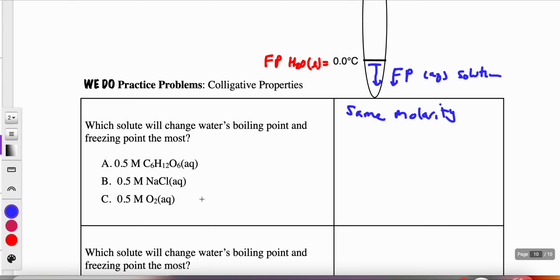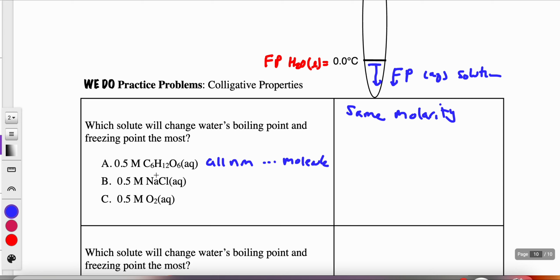So they have the same molarities, but they are classified as different substances. This solute is made up of carbon, hydrogen, and oxygen, so it's all nonmetals, which means it's a molecule.